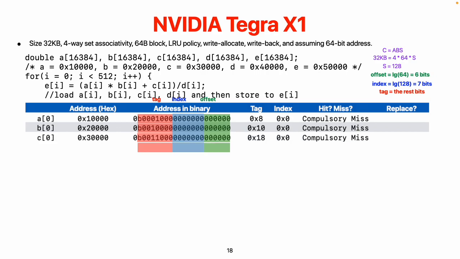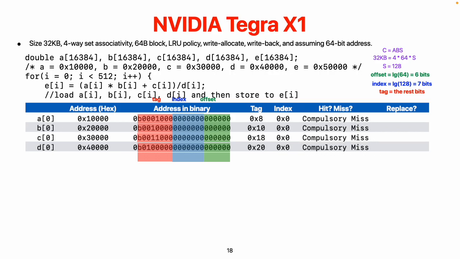Also compulsory, because we never visit this block. How about this one? Compulsory miss. And this one? Still compulsory miss, because this is again the first time I visit this block. I never visit this block before.